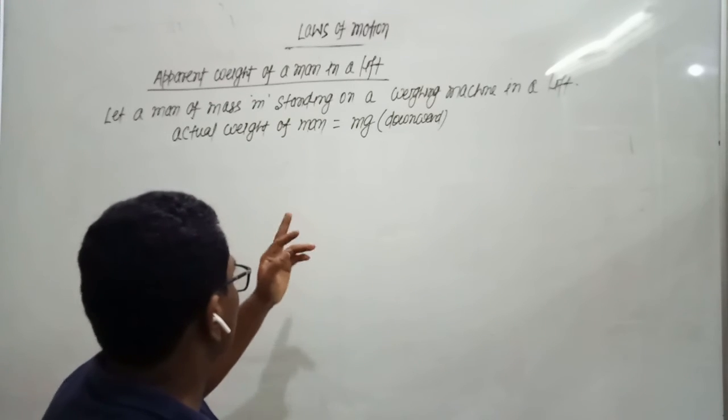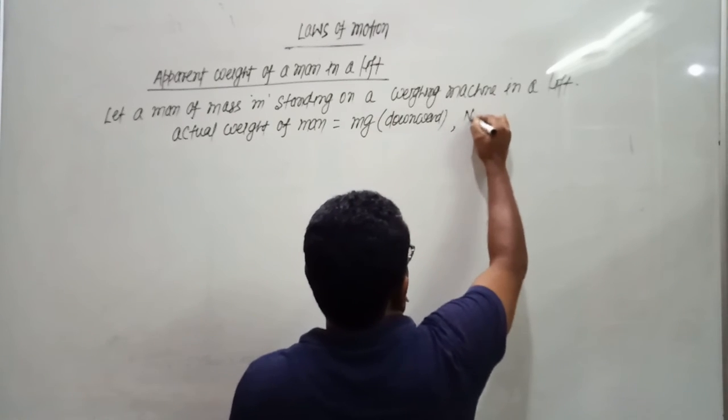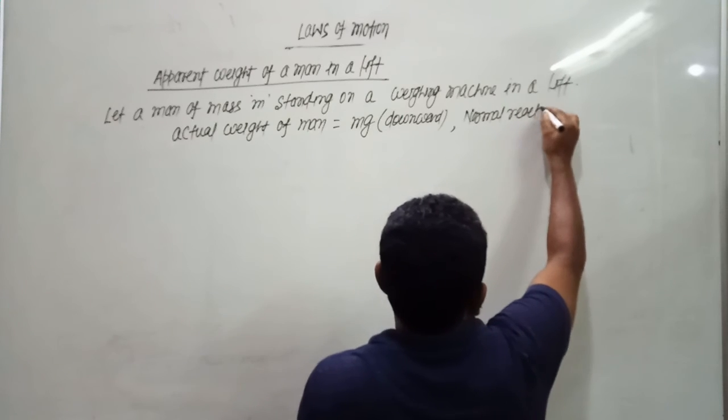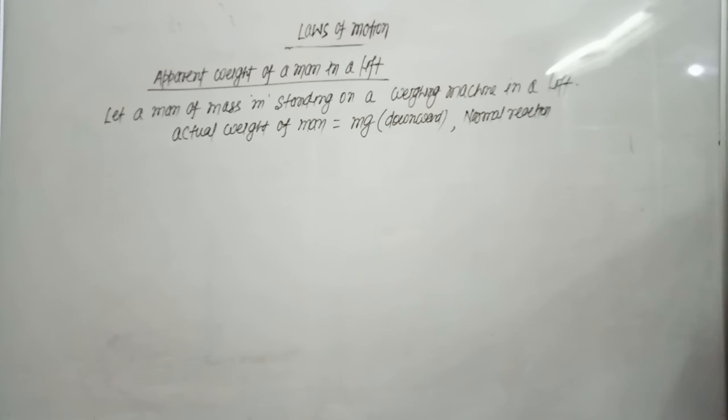So the actual weight of the man is mg, and the normal reaction acts in the upward direction, opposite to the weight, from Newton's third law.